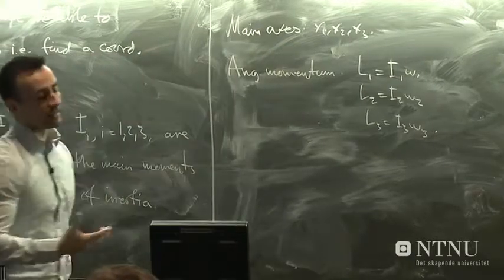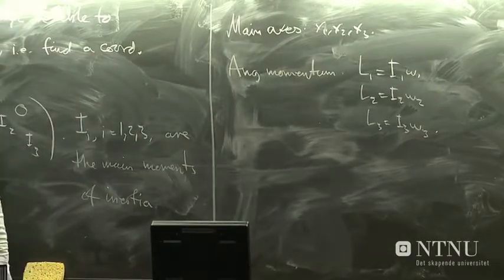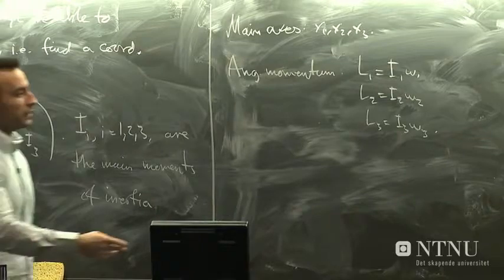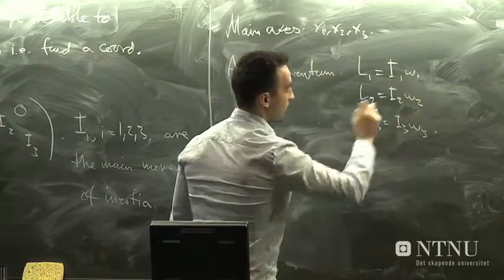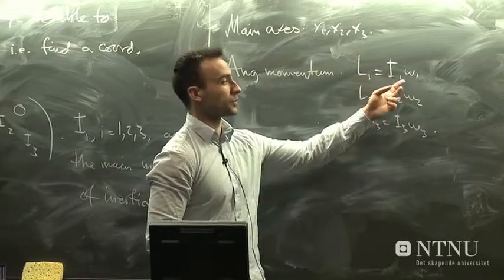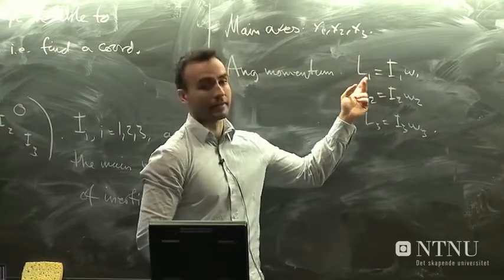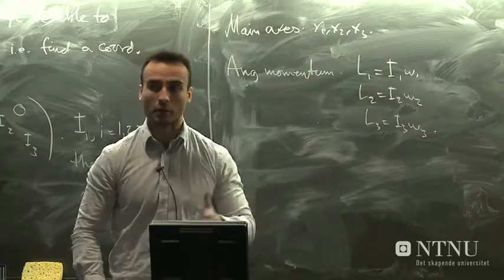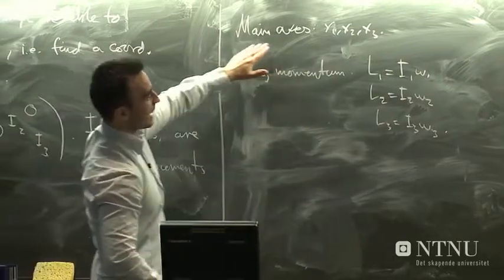Whereas in general, each component of the angular momentum will be a linear combination of all of these angular velocity components, since I is now diagonal, we have a direct proportionality between Li and omega i, where i is just a component along each of these main axes.